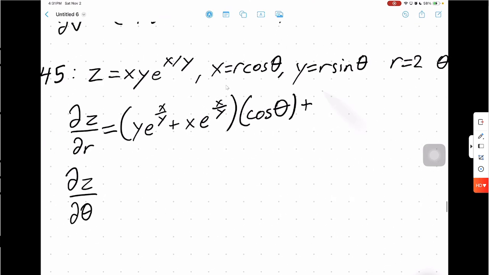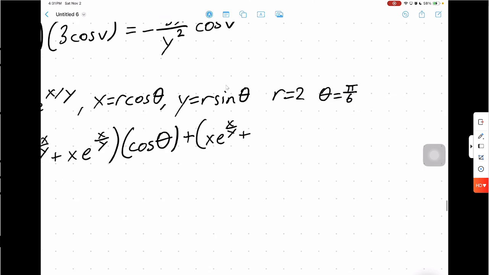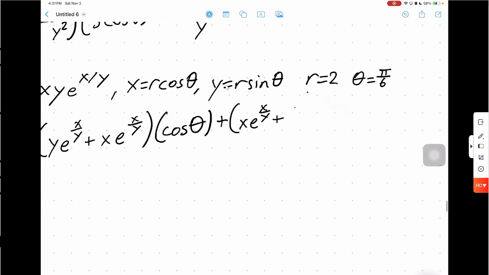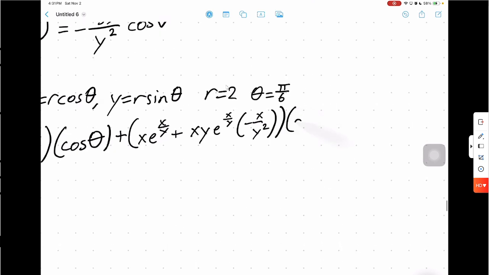Then we have this with respect to y. And then here we have e to the x over y, times negative x over y squared, times sine theta.